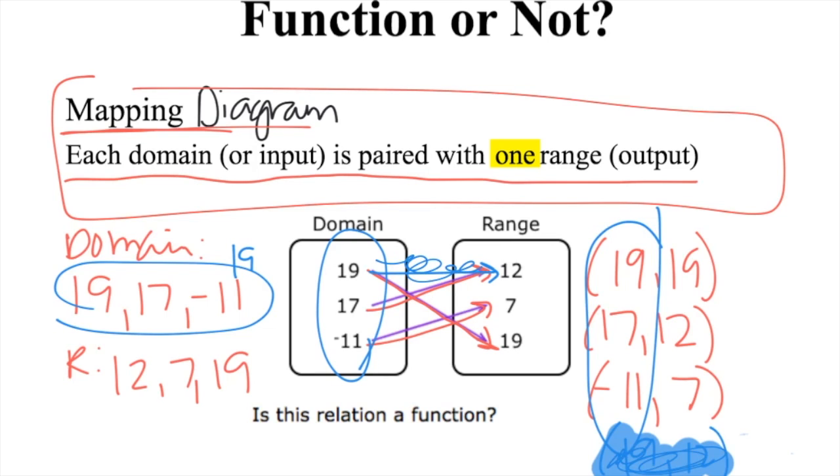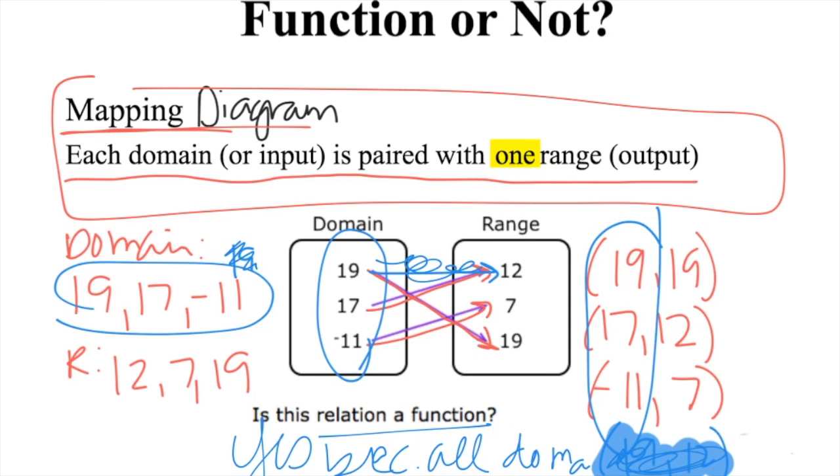It won't let me erase it. So this mapping diagram is showing that yes, it is a function, because all domain values are unique.